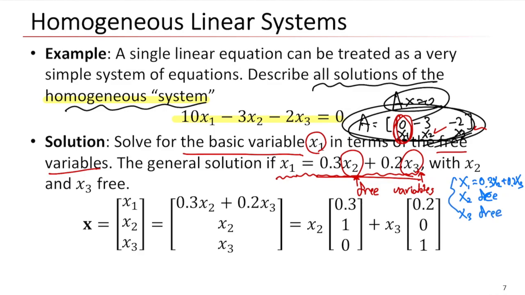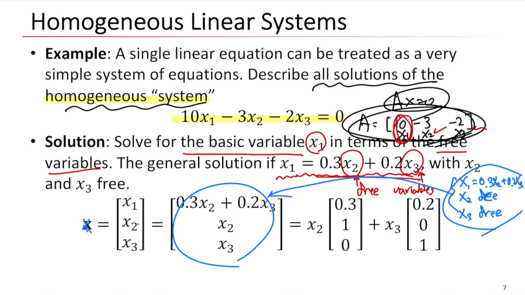So this is a parametric description of the solution. It can be represented in a vector form, looks like this. The solution vector x is equal to x1, x2, x3, and x1 is like this. Then how can we decompose this one?